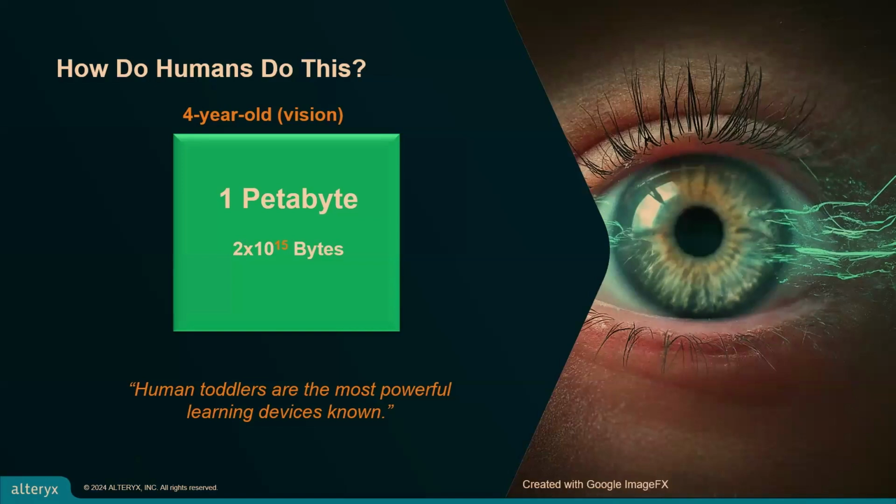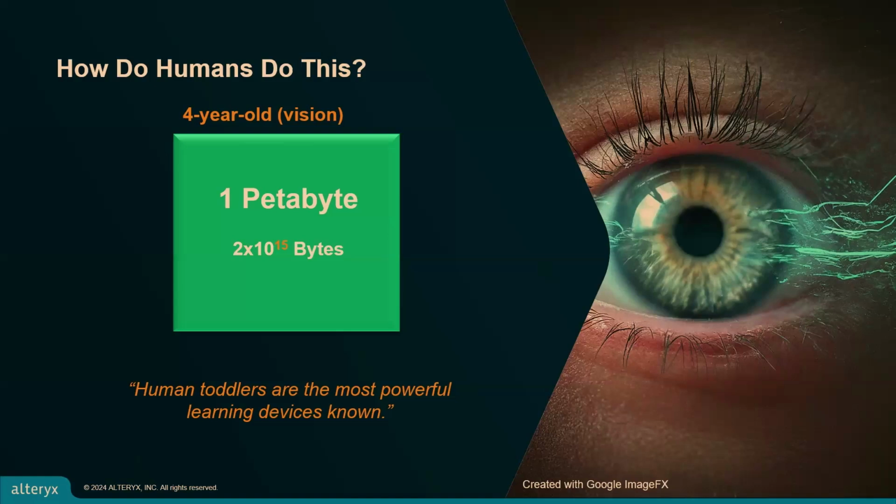So with that, let's look at a 4-year-old. Scientifically, and I'm with a very academic group here, and I do have citations. I don't think I have it on the slide, but I have it in my notes. Human toddlers are the most effective learning system in the world.